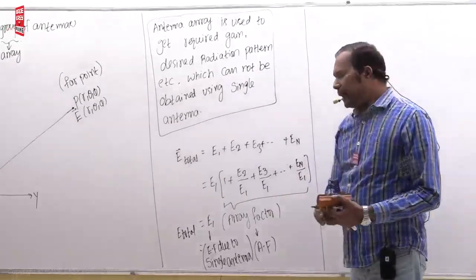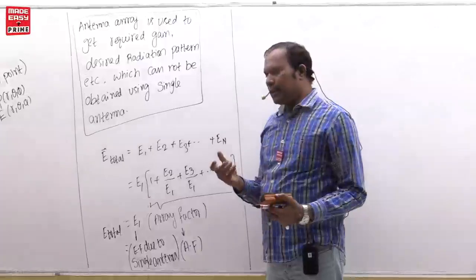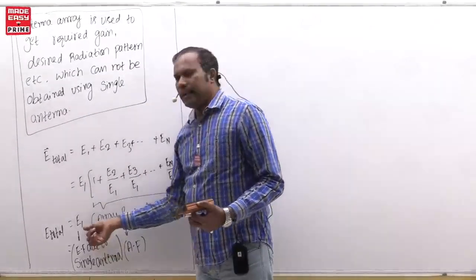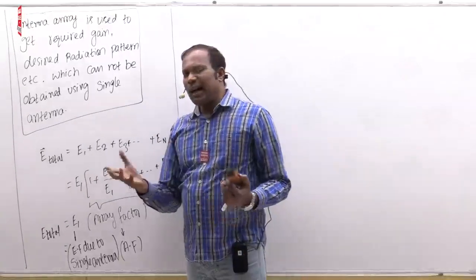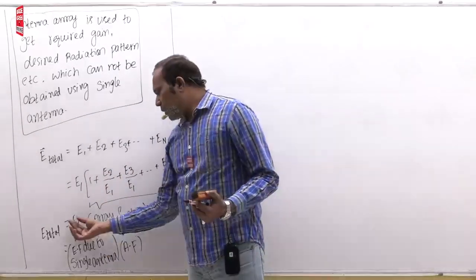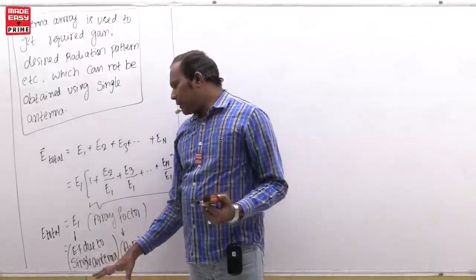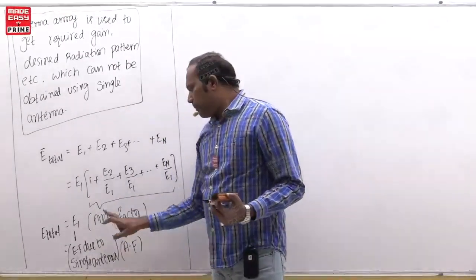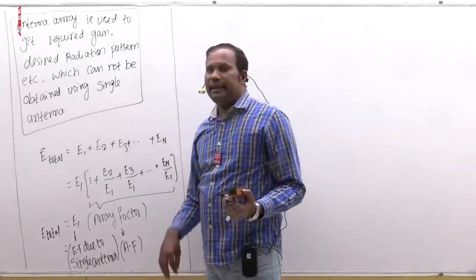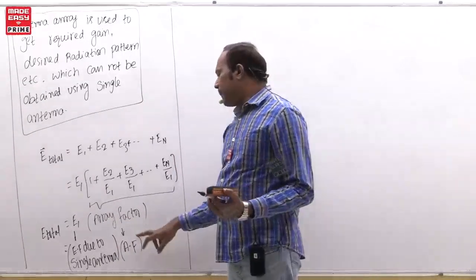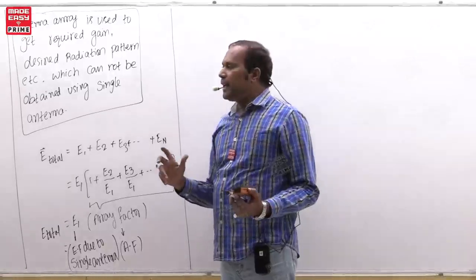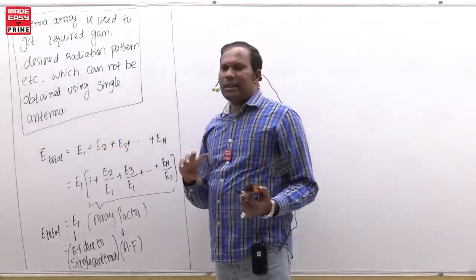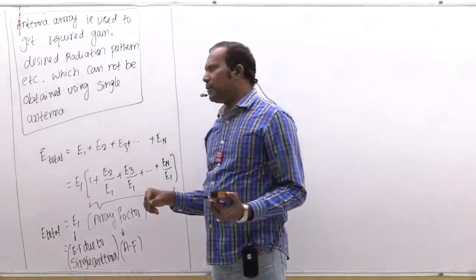Now here if you apply common sense, that I was telling you, electric field due to a single antenna has some equation. You can't change that equation. You cannot do anything there. But array factor, there you can change the number of antennas. You can change the angle of the input currents. You can change the current magnitude. So many things you can do.